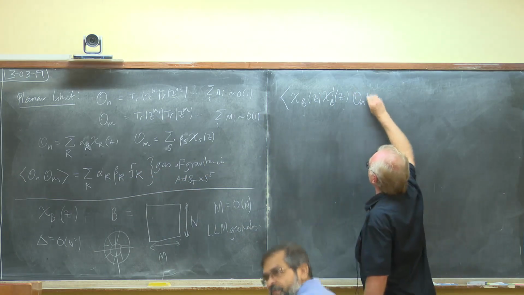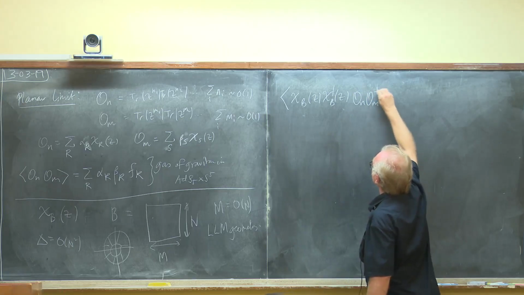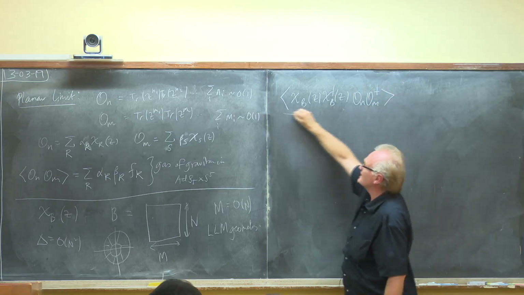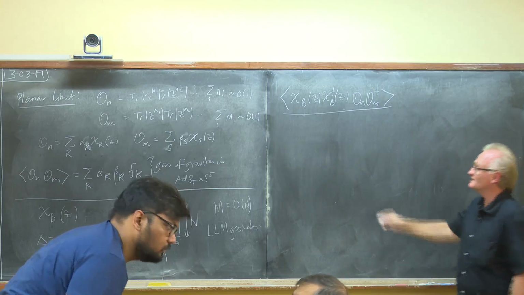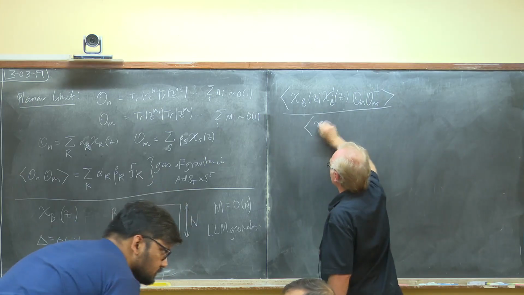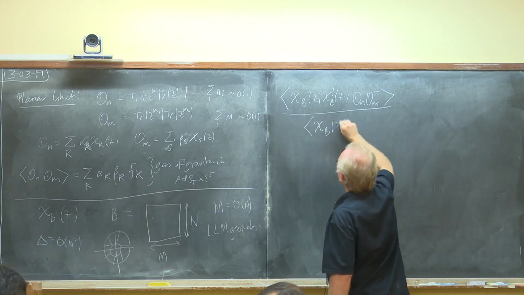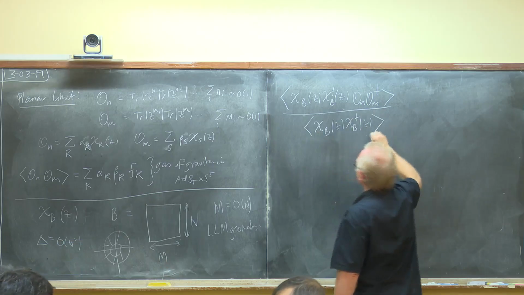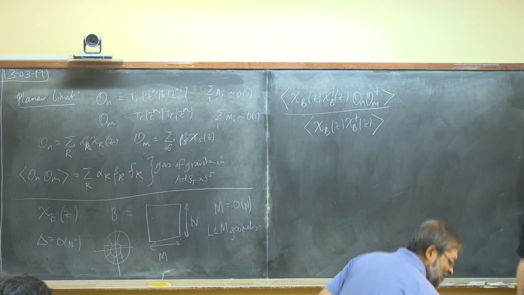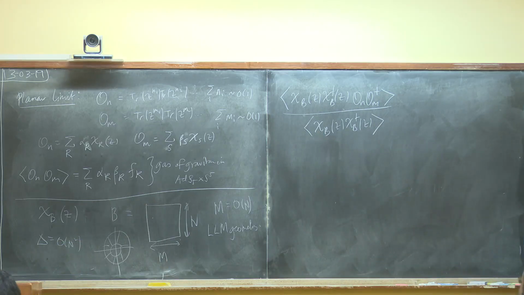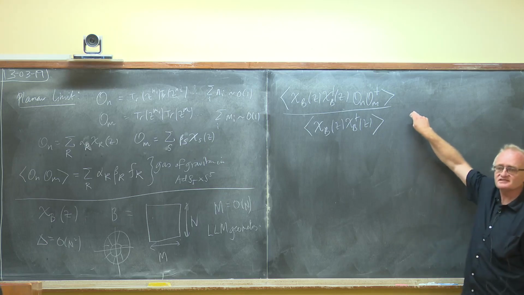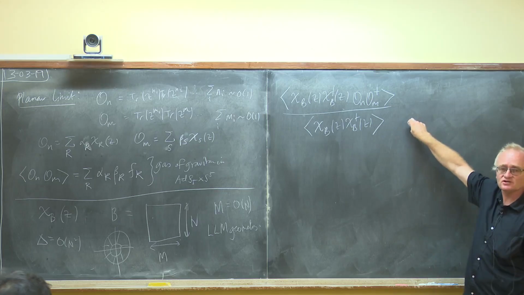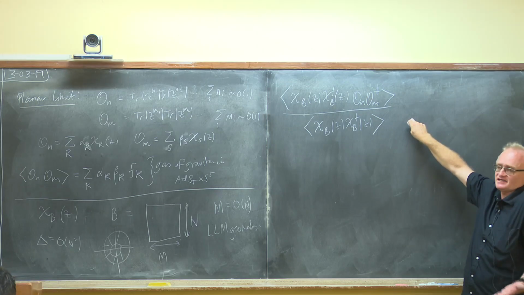So this will be ON, OM dagger, and I will normalize it by chi b dagger. These are operators with a dimension of order n squared. The question I'd like to ask is, does this have a 1 over n expansion or not? And what does it look like? That's what we'd like to know.